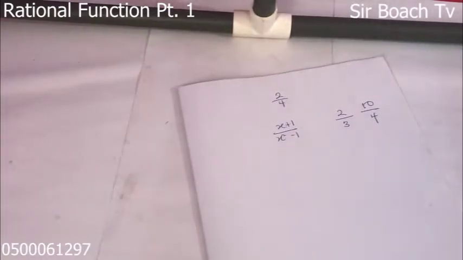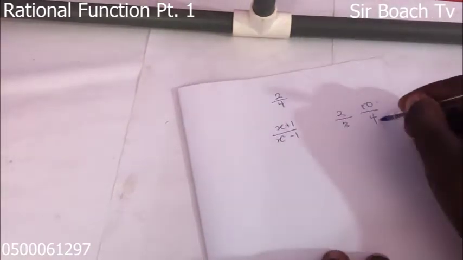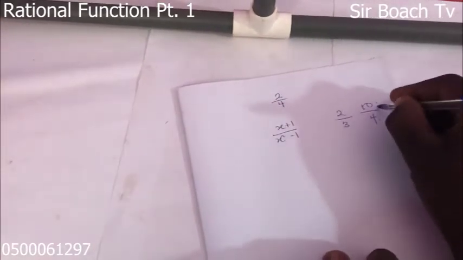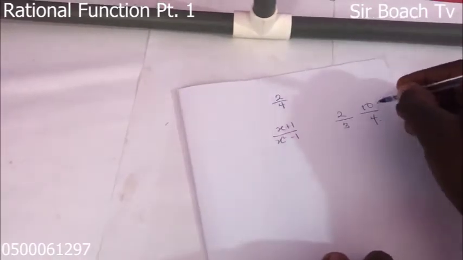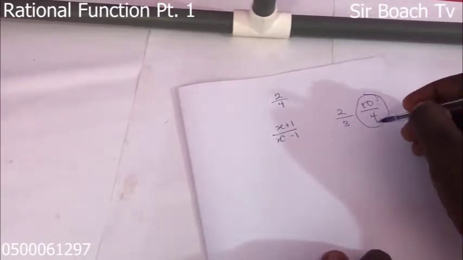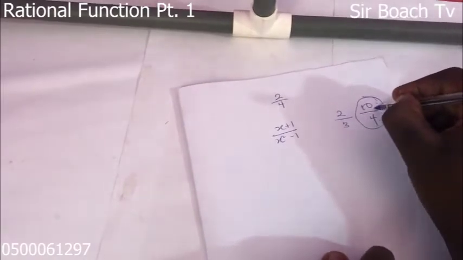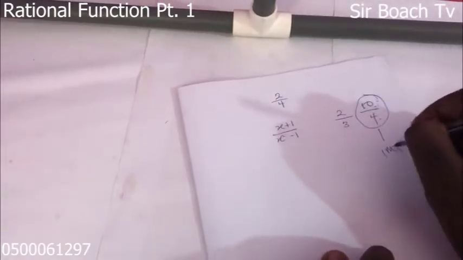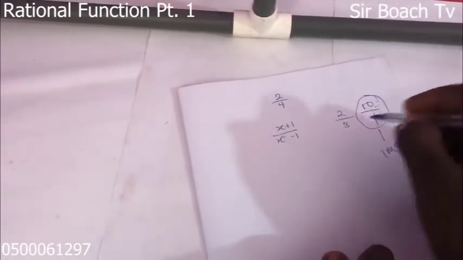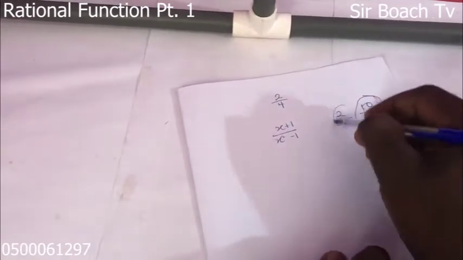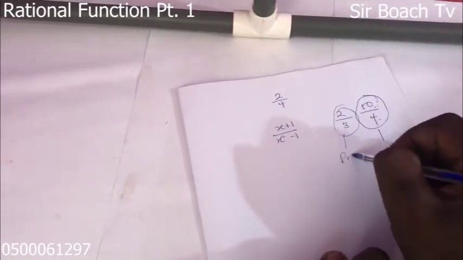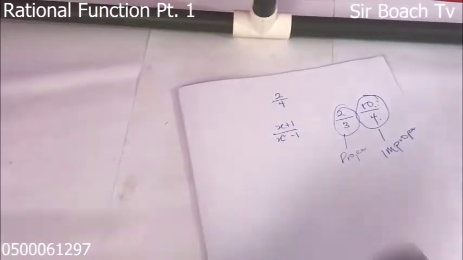People will say, what is this lady doing? It means that if the small number carries the big number, it is not normal, because people will talk about it. So that is the improper. But if the big number carries the small number, that one is normal. So that one we call proper. That's the difference between proper and improper fractions.